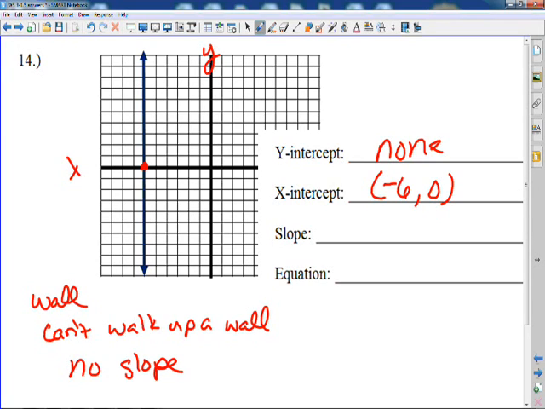Instead of saying no slope, we're going to write undefined. Oops, I need to put an ED here. Undefined. Now, if you look at this, this is like making a U right there. A U for undefined. My equation, look, it has an x-intercept, and the x number is -6. So my equation is going to be x equals -6.